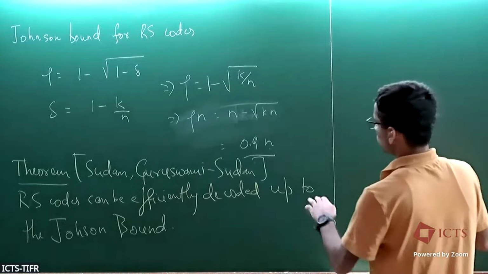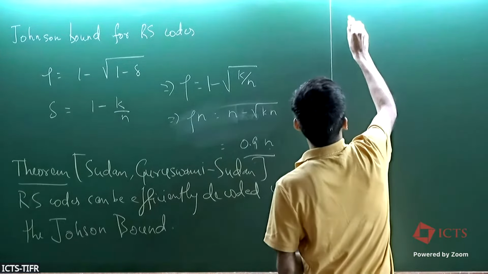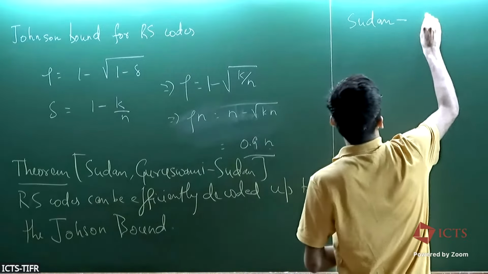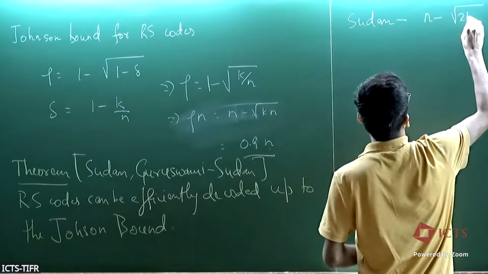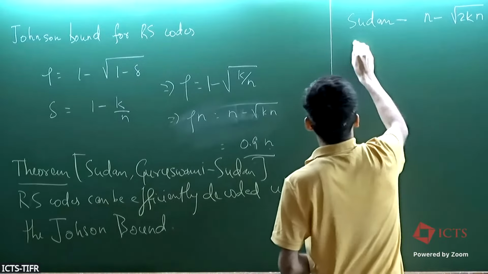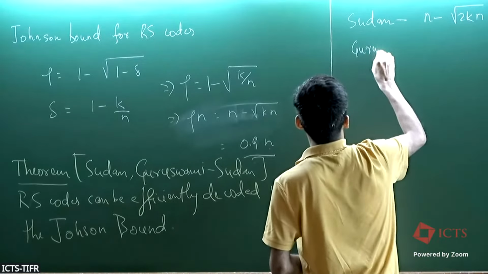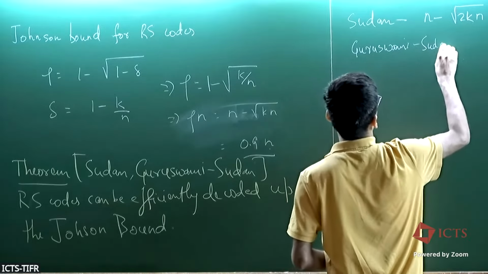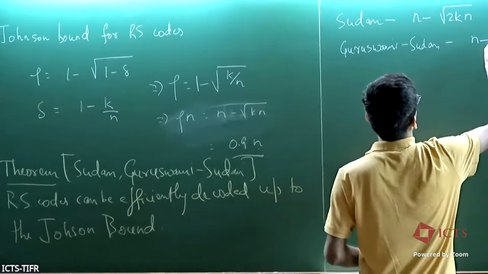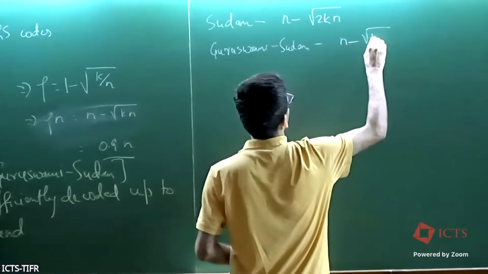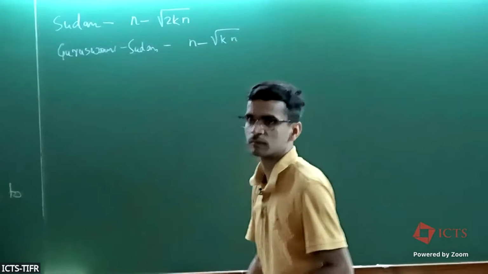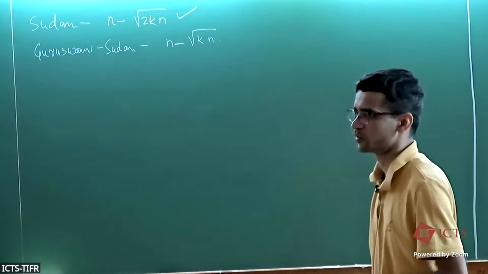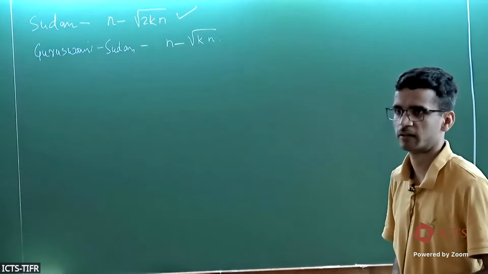Sudan's theorem: Sudan's result was decoding from n minus square root of 2kn errors. And Guruswami-Sudan, a few years later, improved this to n minus square root of kn. So we are going to see all the details of Sudan's algorithm, and then I'll say a few things about Guruswami-Sudan, but we won't have time to see the details.